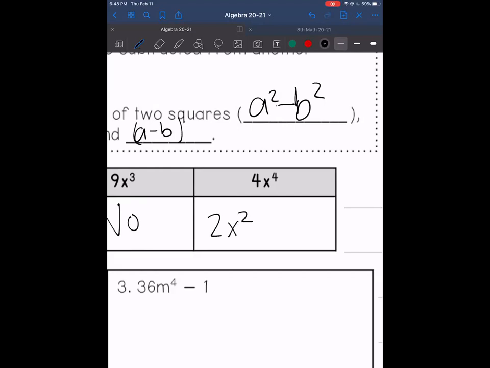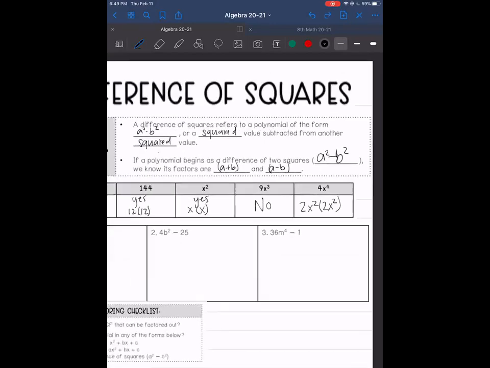Remember your properties of exponents: if we multiply 2x squared by itself, you're adding those exponents. So if you want to figure out if an exponent is a perfect square, divide by 2 and see if it's an even number.